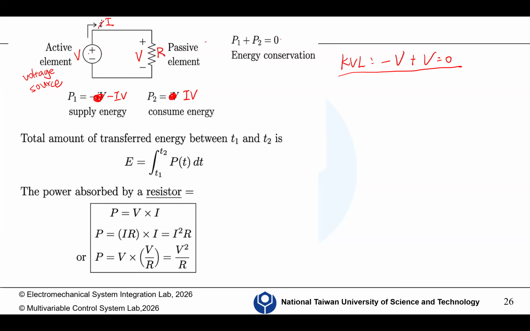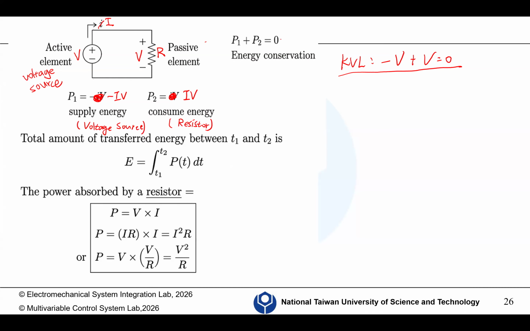So the power P1 is the power for the voltage source, and P2 is the power of the resistor.